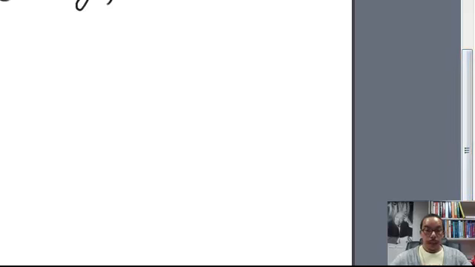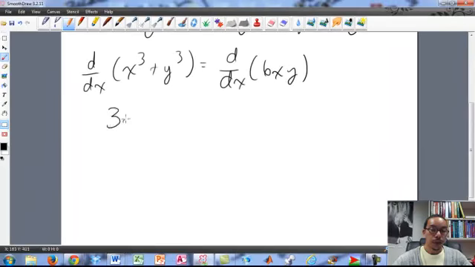So next, in taking the derivative of x cubed, we can just use the power rule, which will give us 3x squared. This will be a little bit different because this is where we have to apply the concept of implicit differentiation. Y is a function of x. However, this looks to be a chain rule problem as well, right? Since y is a function of x. So we do the derivative of the outer according to the chain rule, which is the 3.